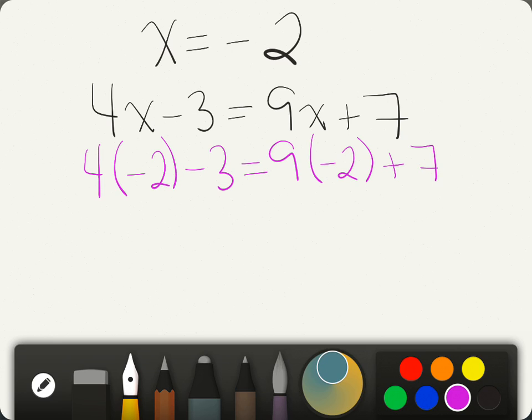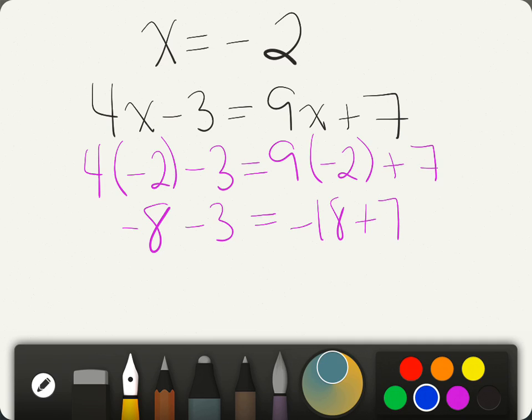So 4 times negative 2 is negative 8 minus 3. 9 times negative 2 is negative 18 plus 7. Negative 8 minus 3 is negative 11. Negative 18 plus 7 is negative 11 as well. Therefore, it checks out. X does in fact equal negative 2.